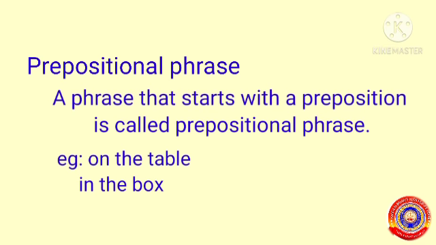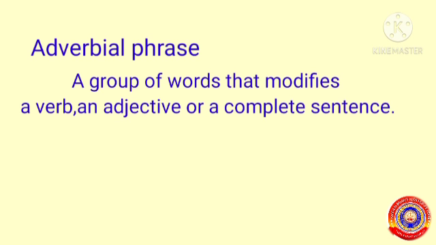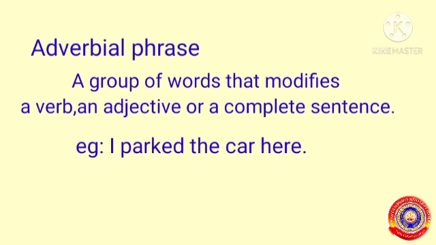For example, on the table, in the box. Next one, adverbial phrase. It's a group of words that modifies a verb, an adjective or a complete sentence. For example, I parked the car here. In this sentence, here is the adverbial phrase.